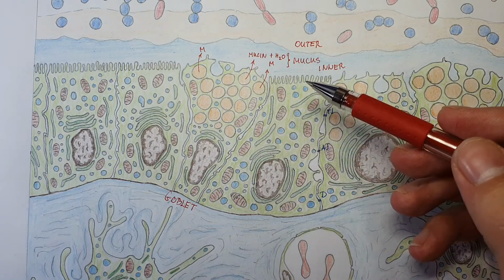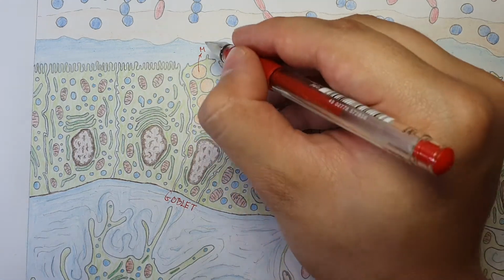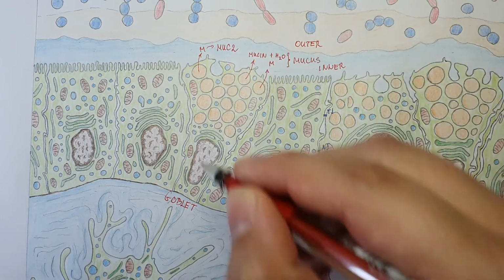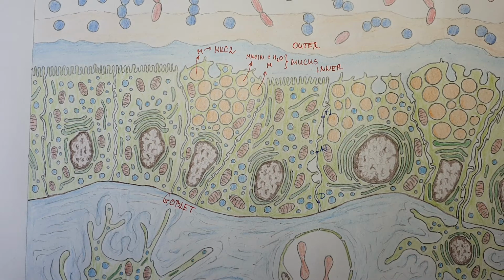When it comes to the intestinal barrier, the mucin that is produced contains the mucin protein 2. But for example, in our airways, we have the mucin protein 5. This would be a difference. So we have distinct forms of mucin.